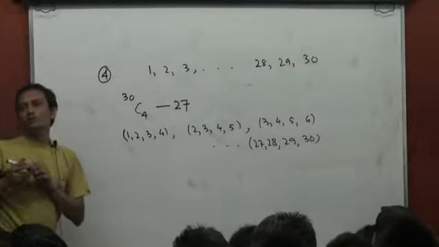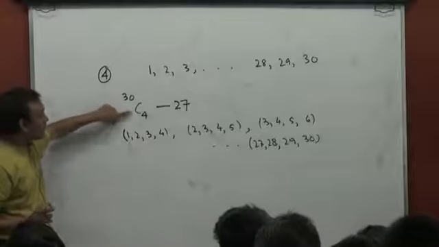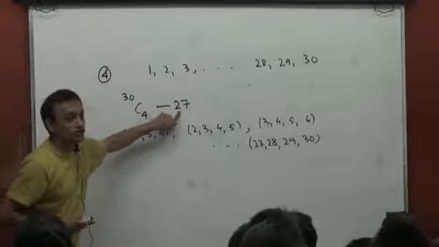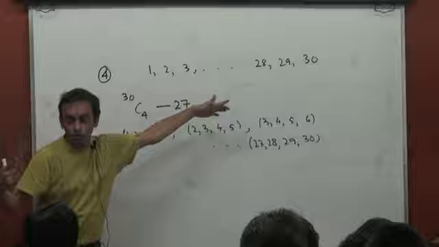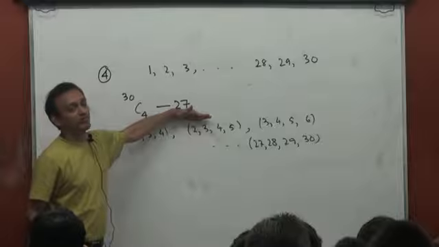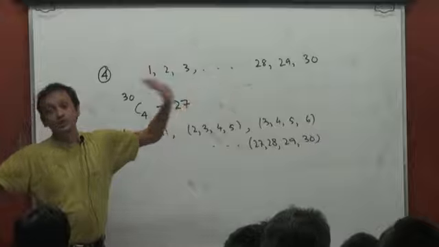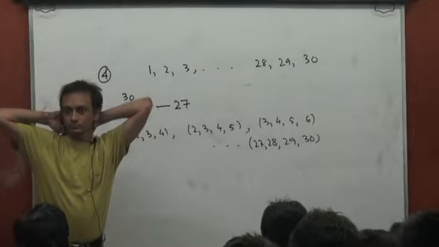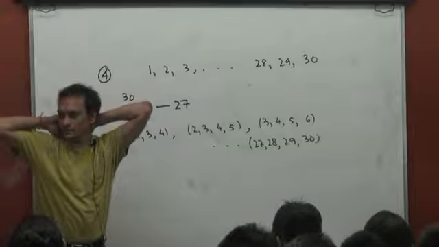From the total 30C4, remove those in which 4 are consecutive, and you will get the number of ways of selecting 4 elements in which no 4 are consecutive. Right? Are you alright with this?